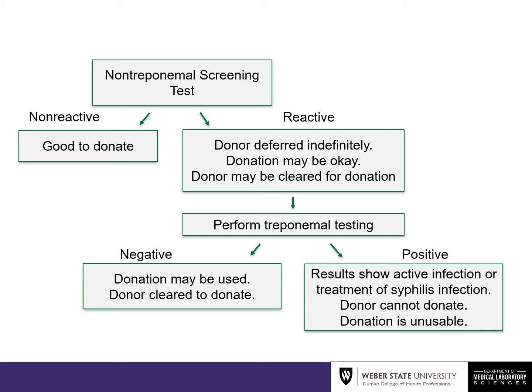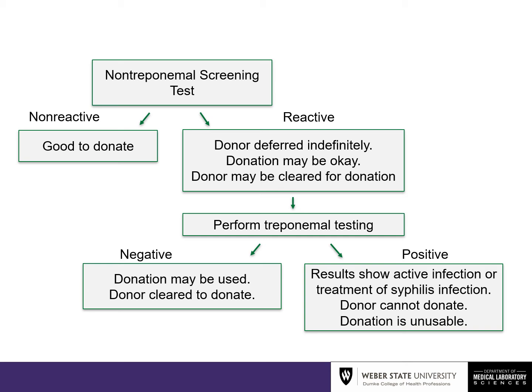If they're reactive, then the donor will be deferred indefinitely. The donation may be okay, but because it's reactive, we're going to have to go on to more testing, do a confirmatory test.